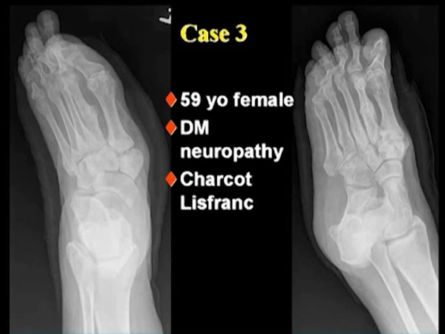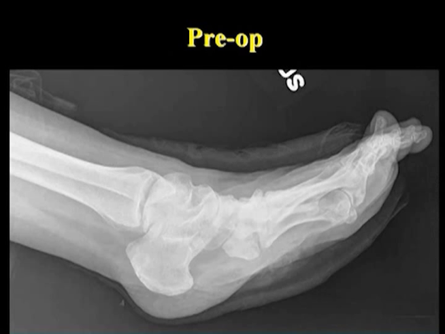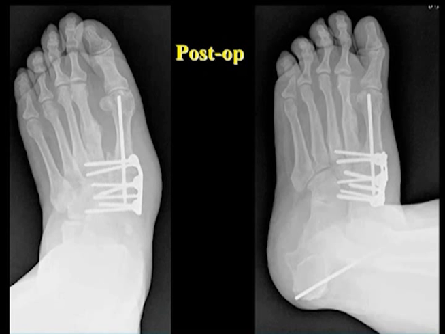How about case 3? This is a 59-year-old female, diabetes mellitus with neuropathy, Charcot of the Lisfranc, and you can see here there's some lateral deviation of the forefoot on the tarsal region, as well as some sagittal plane fault.